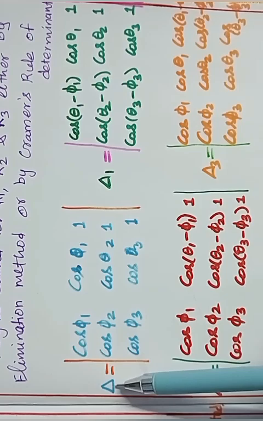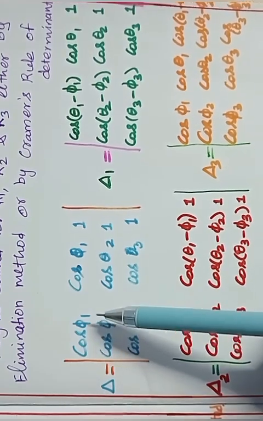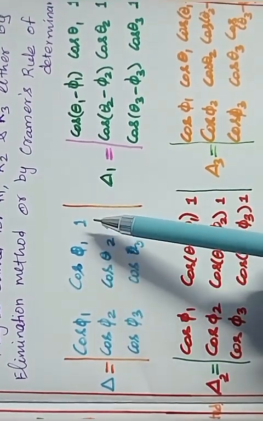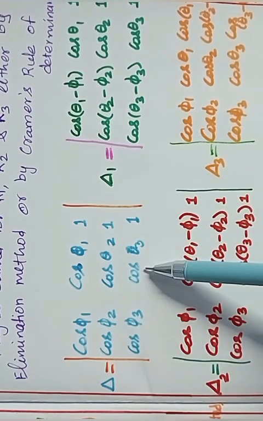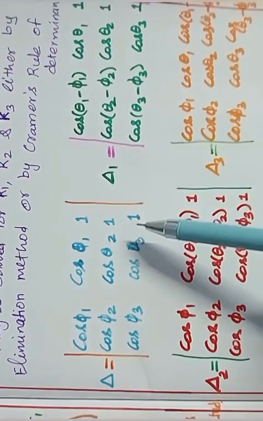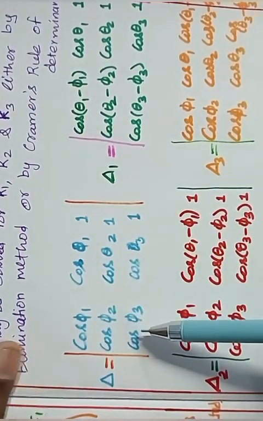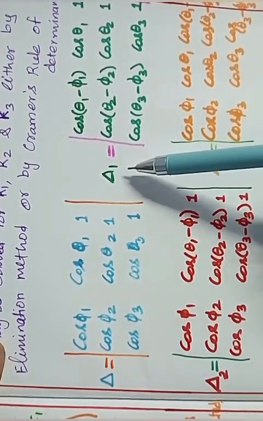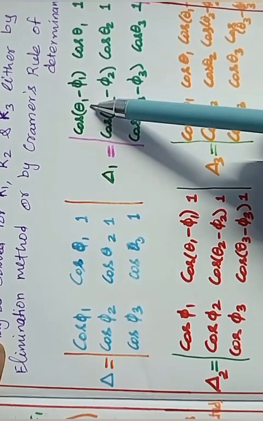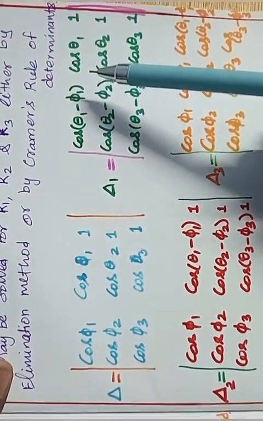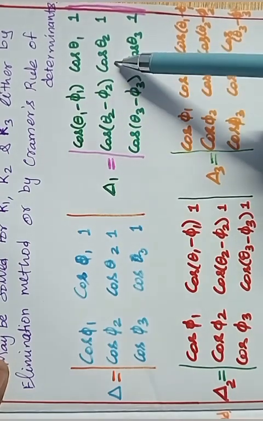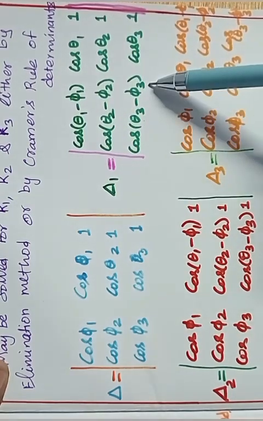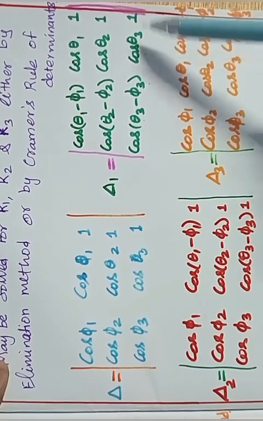Write down the equation: delta equal to the determinant with rows cos phi 1, cos theta 1, 1; cos phi 2, cos theta 2, 1; cos phi 3, cos theta 3, 1. So these are the three positions. And delta 1 equal to the determinant with rows cos(theta 1 minus phi 1), cos theta 1, 1; cos(theta 2 minus phi 2), cos theta 2, 1; cos(theta 3 minus phi 3), cos theta 3, 1.